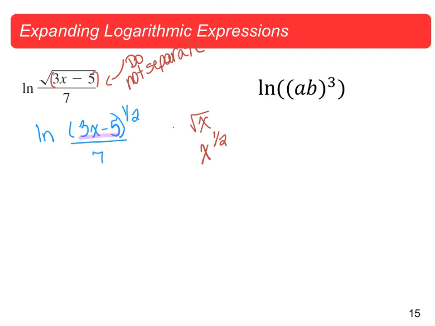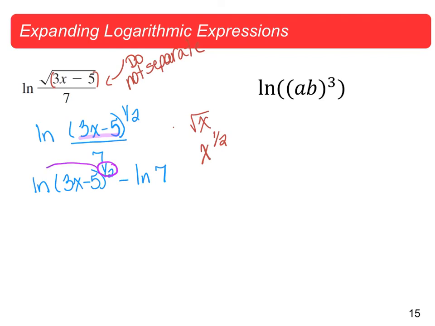That 3x minus 5 is a quantity. We're not going to separate that quantity. Now the 1/2, we can do different things with the 1/2. So I'm going to have the natural log of 3x minus 5 to the 1/2 power minus the natural log of 7.